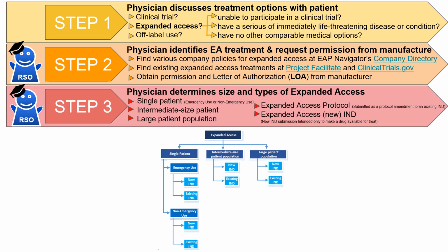Step 3 is to choose the type of expanded access IND. Usually at this point, a physician probably knows the patient size and the type of expanded access IND to request after talking with the manufacturer and our team.